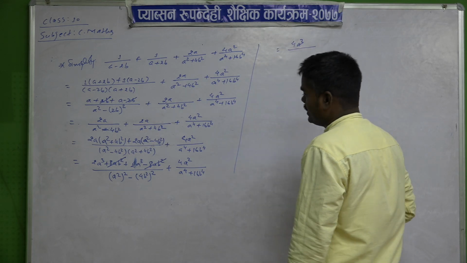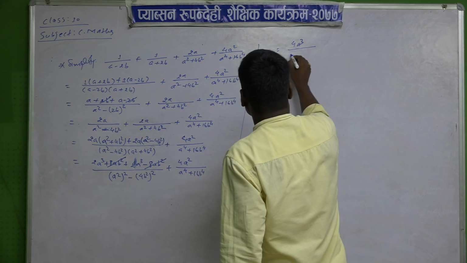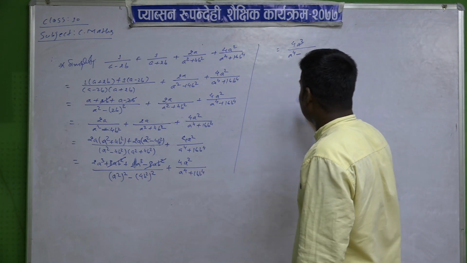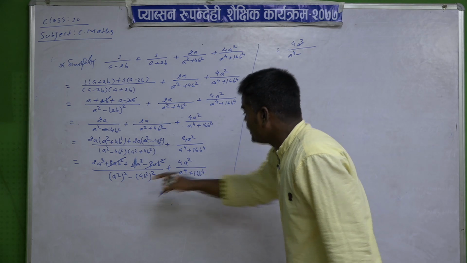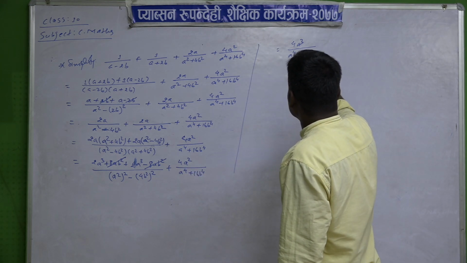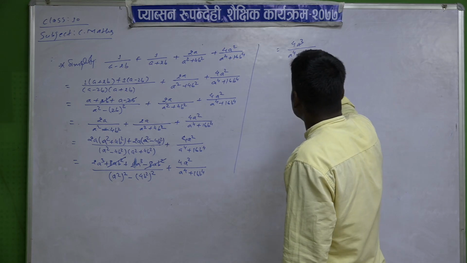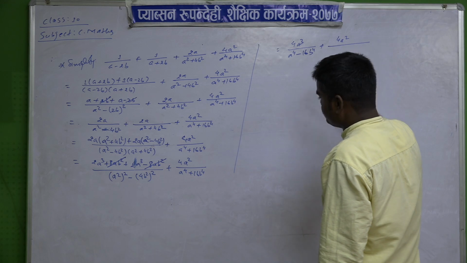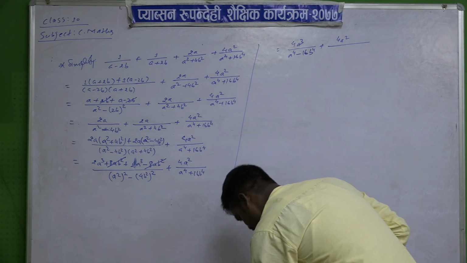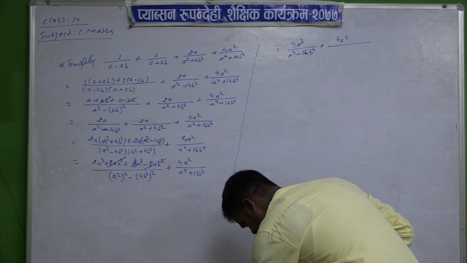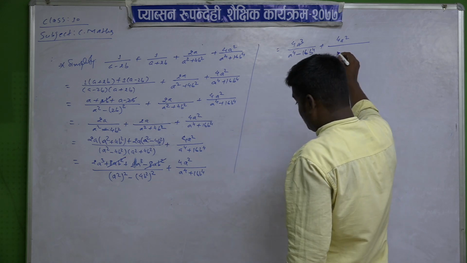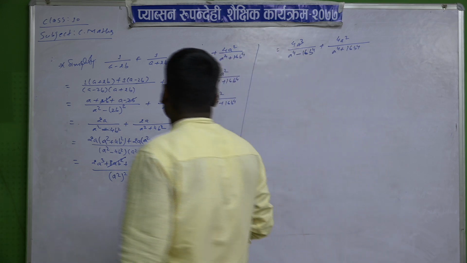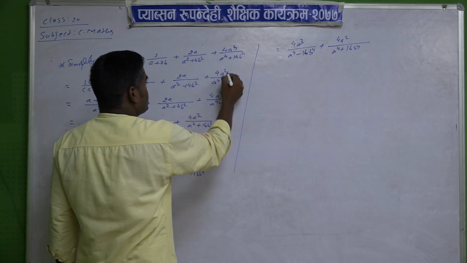Then after, (a square) whole square means a power 4, because power over power they are multiplied, and then after square of 4 is what? 16, and square of b over whole square means b power 4, plus 4a square upon a power 4 plus 16b power 4, and here it is not square, this is cube.